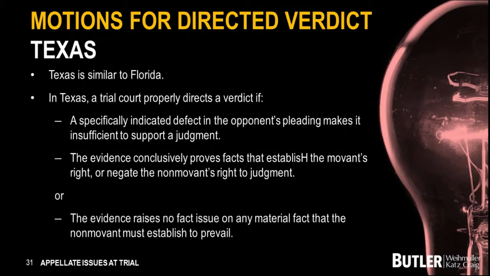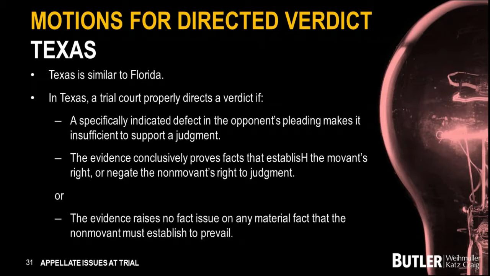Texas, again, is similar to Florida. In Texas, motions for a directed verdict have specific rules and standards that govern them. In Texas, a trial court properly directs a verdict if a specifically indicated defect in the opponent's pleading makes it insufficient to support a judgment, or the evidence conclusively proves facts that establish the movant's right or negate the non-movant's right to judgment, or the evidence raises no fact issue on any material fact that the non-movant must establish to prevail.